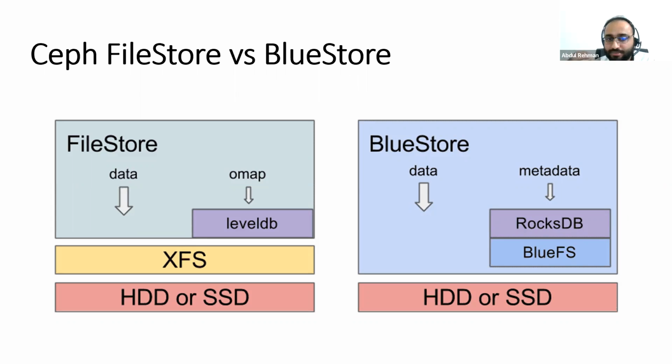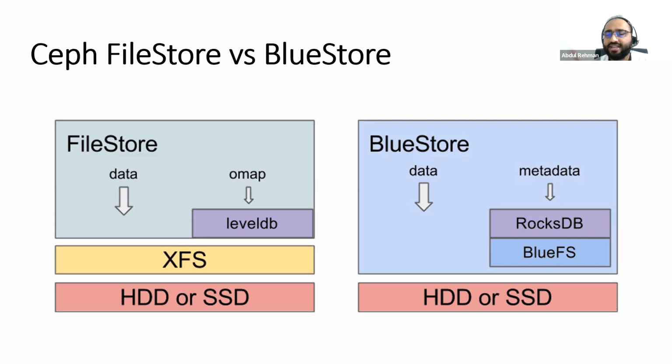There is RocksDB and BlueFS, which is a minimal file system running in user space, interacting with the backend hardware directly. And that is how its performance got improved. On a very high level, this is how it got improved, and now it can provide a lot of high IOPS, which were not achievable using Ceph FileStore.